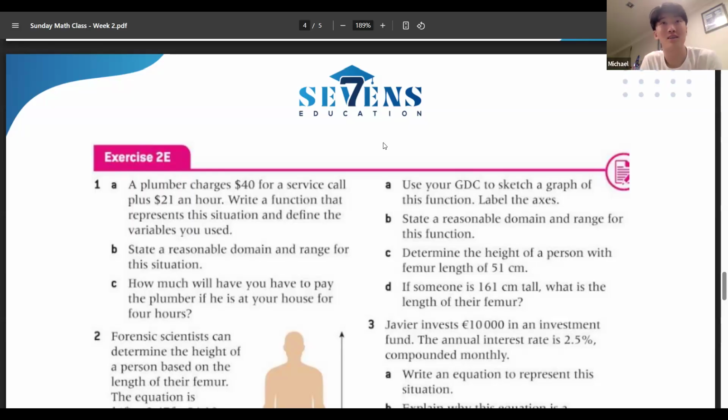I'll say probably 8 hours at max. 8 hours. Okay. Hannah, that's correct. So both of you have got the answer for f(x) equals the standard 40 plus 21x.